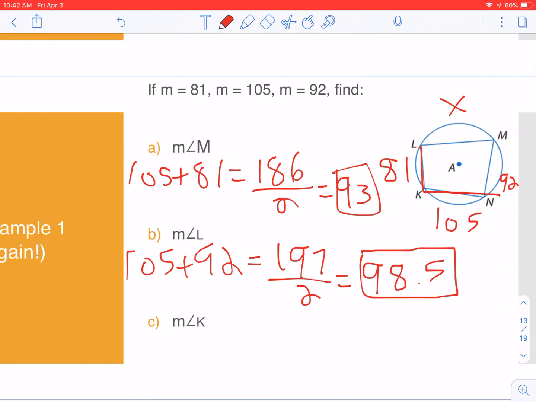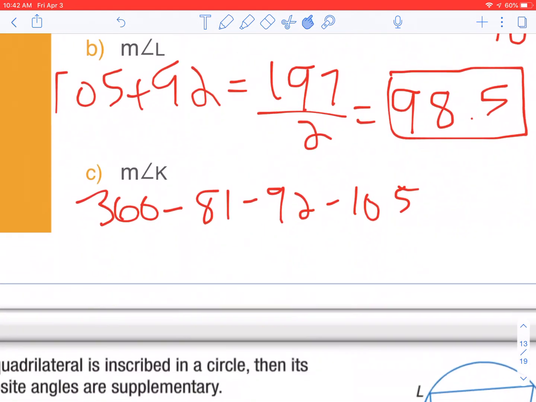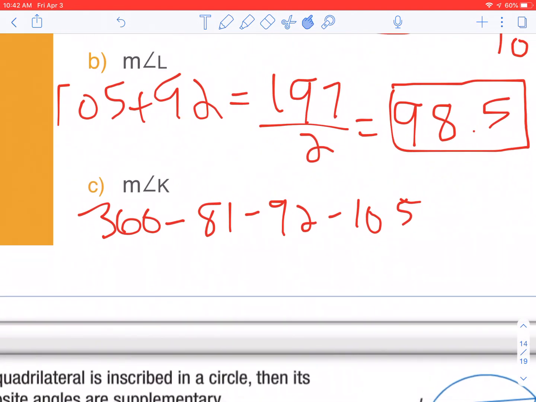So you're going to use 360 minus 81 minus 92 minus 105. Or we can do 360 minus, and I add all those up, 173.